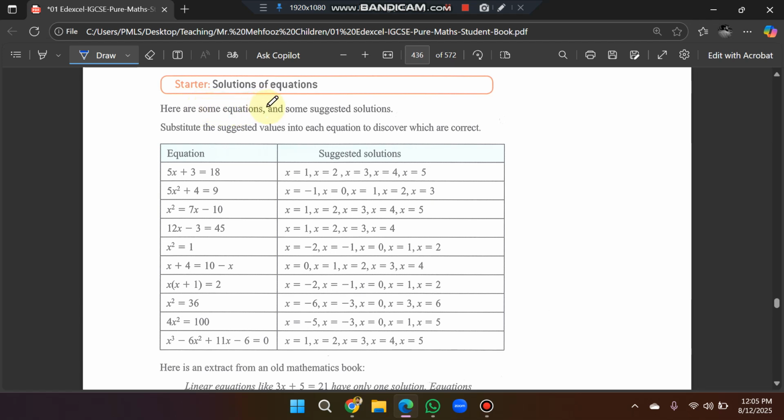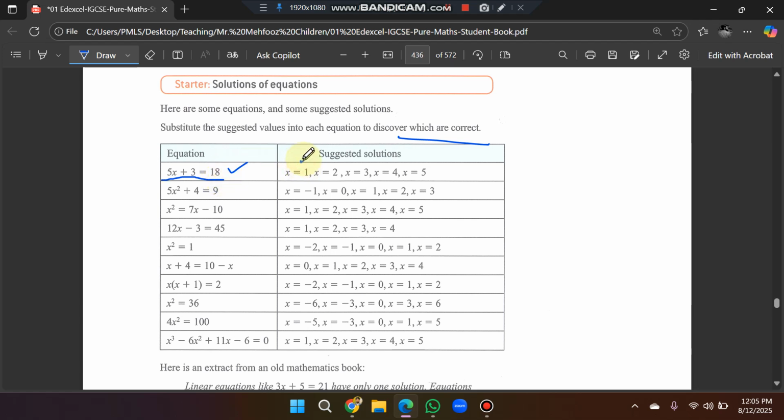Okay, so here you can see the starter activity, that is solution of equations. Here are some equations and some suggested solutions. Substitute these suggested values into each equation to discover which is correct or not. First of all, this is our given equation, 5x plus 3 is equals to 18.